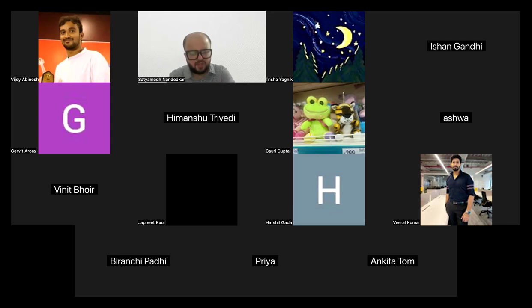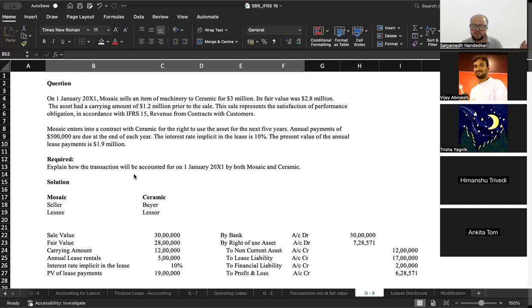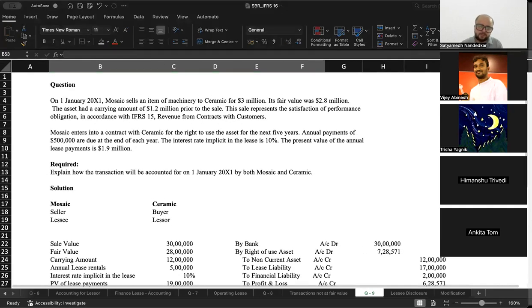One of the exam questions is also based on this, by the way. So once go through the past exam question. Apart from that, there is one question I will let you read on your screen right now. It kind of closely ties up with the situation where the amount received is more than the fair value. Just go through this. I will increase the size for you to read.